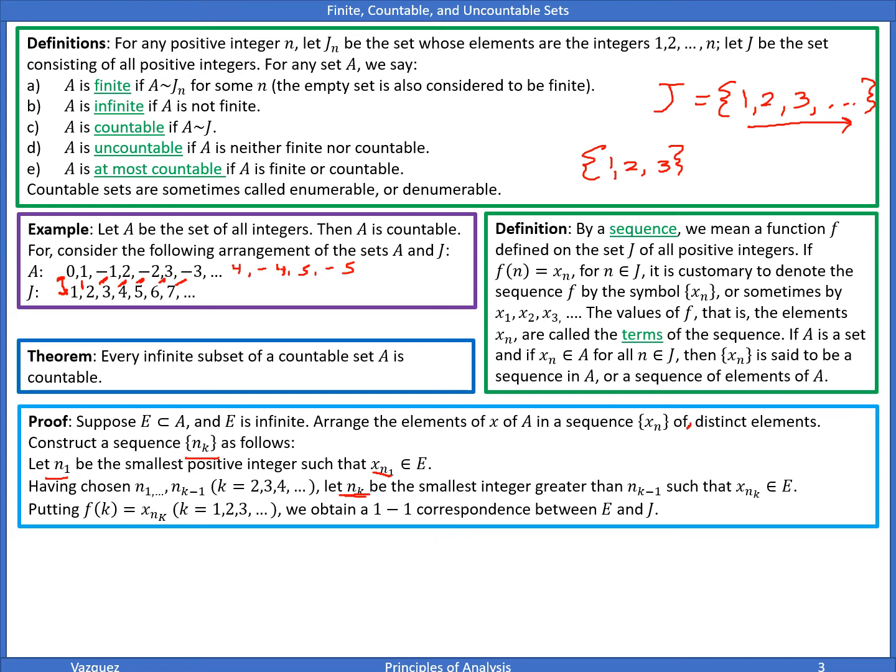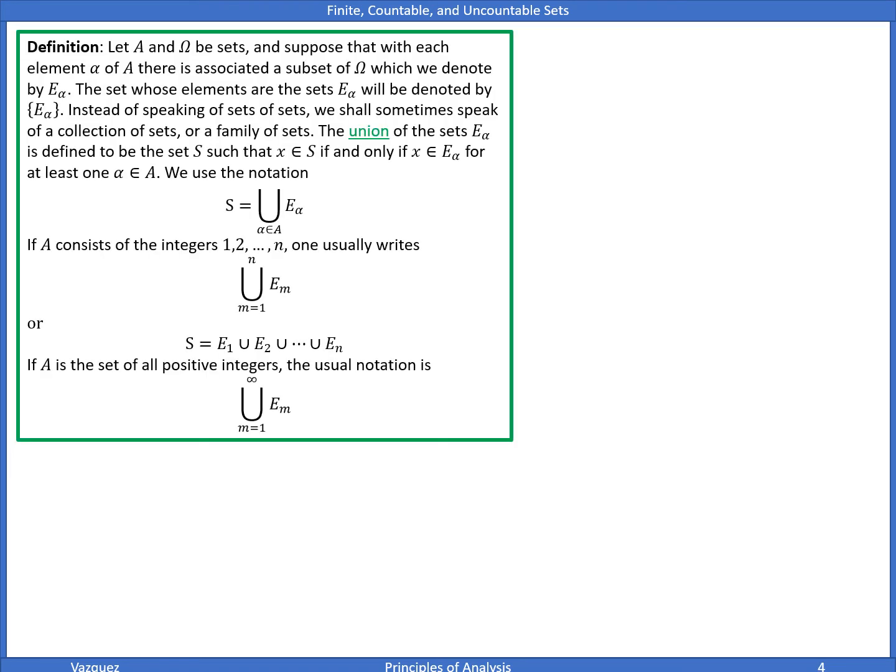Okay, the next slide has pretty much just two definitions, but they're big ones, just because of notation. Let A and omega be sets, and suppose that with each element alpha of A there's associated a subset of omega, which we denote by E sub alpha. The set whose elements are the sets E sub alpha will be denoted by E sub alpha with brackets.